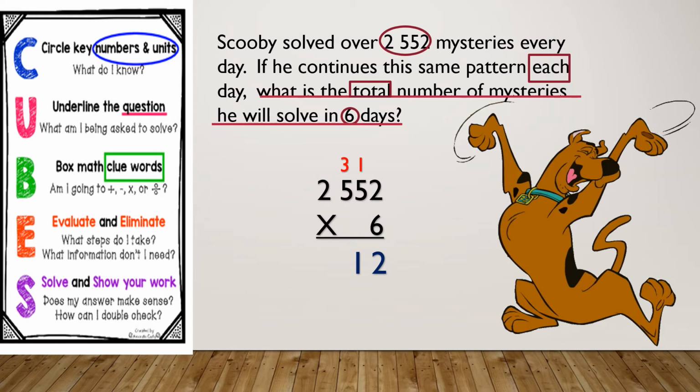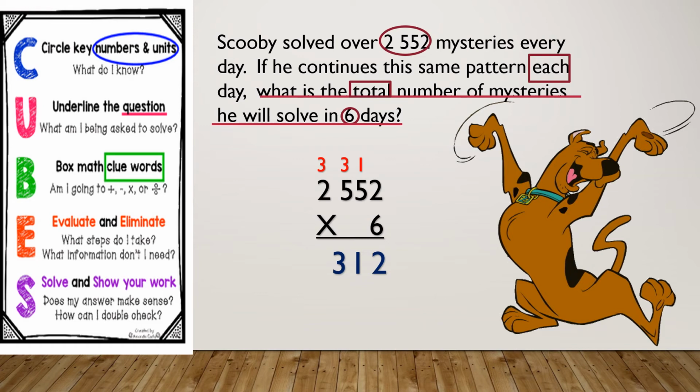Now we multiply the hundreds. 6 times 5 gives us 30. Plus 3 gives us 33. So now we must regroup the 33 hundreds as 3 thousands and 3 hundreds. So we put a 3 under the hundreds and 3 over the thousands. So now we move to multiplying the thousands place. We multiply 6 by 2. 6 times 2 gives us 12.